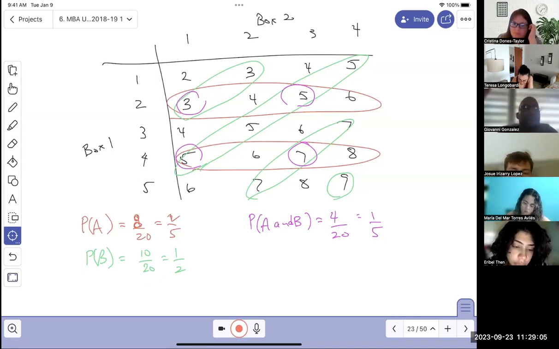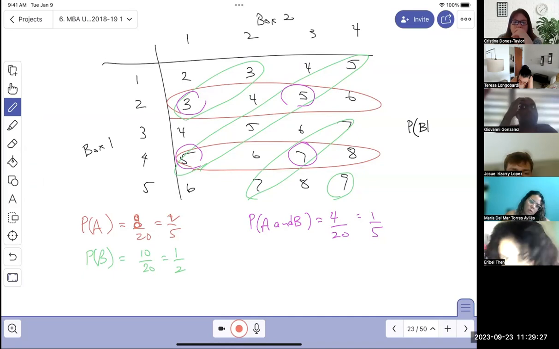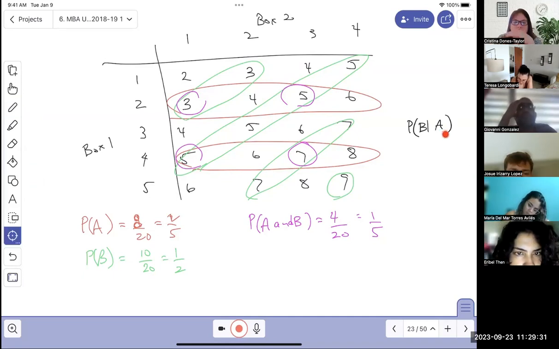Now notice inside of A, what fraction of A is B? So in other words, go inside of A, which is the red, and how much is B?